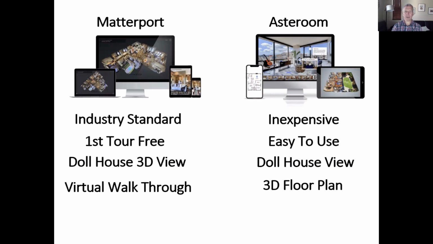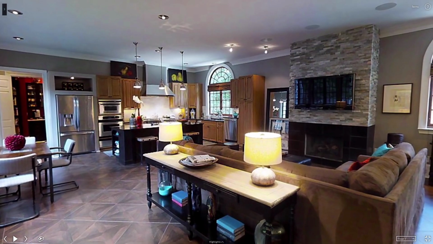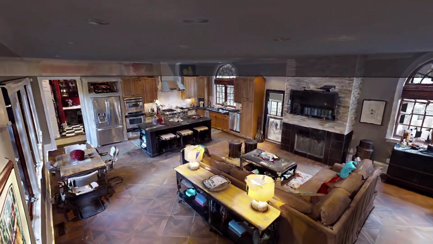They also have a very nice feature called the Dollhouse 3D View. You can see it. It's actually one of those really incredible things that everybody should have when it comes to their property. If you're listing a property for sale or for rent, even a short-term rental, the Dollhouse View is just an incredible tool.